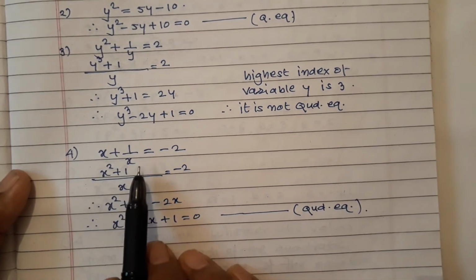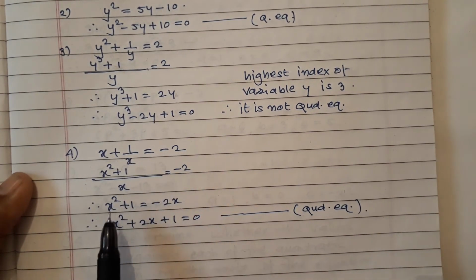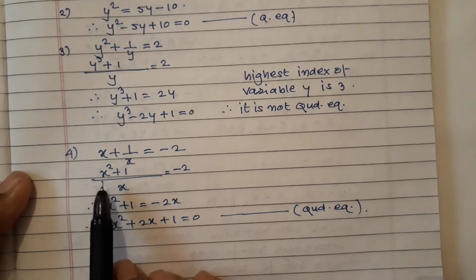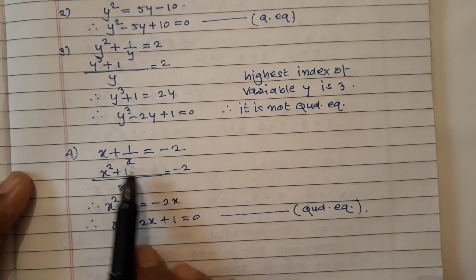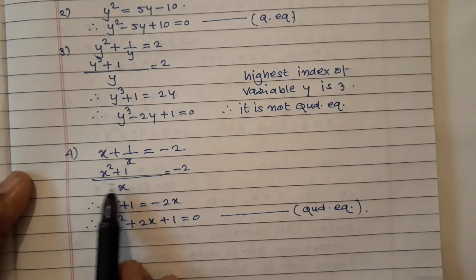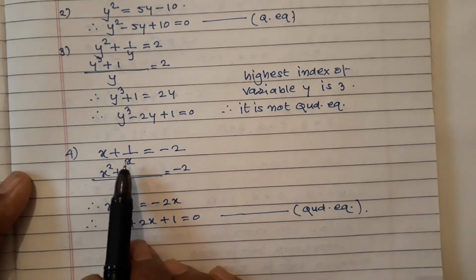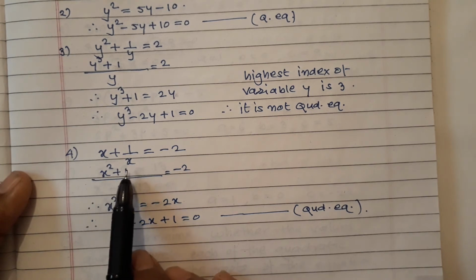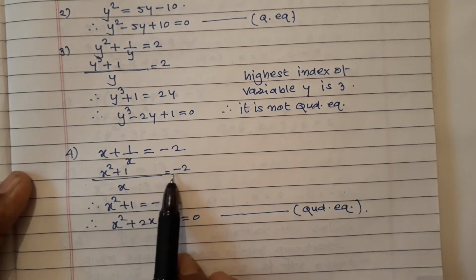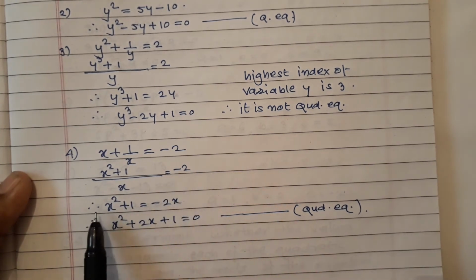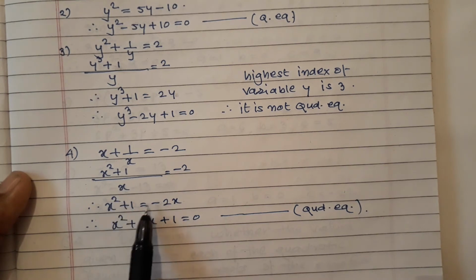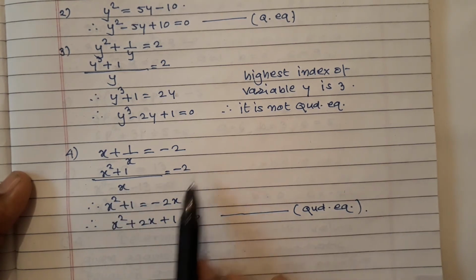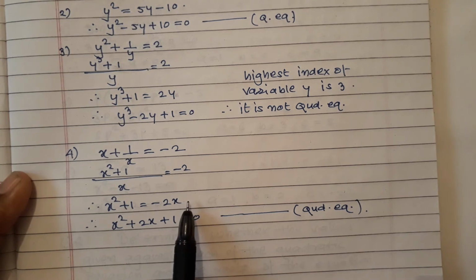Okay. Now then question number 4: x plus 1 upon x is equal to minus 2. So again you simplify this, equalize the denominator. My denominator is x, then multiply by this x, so x square plus 1 upon x is equal to minus 2, and therefore x square plus 1 is equal to, this you transfer, minus 2x.